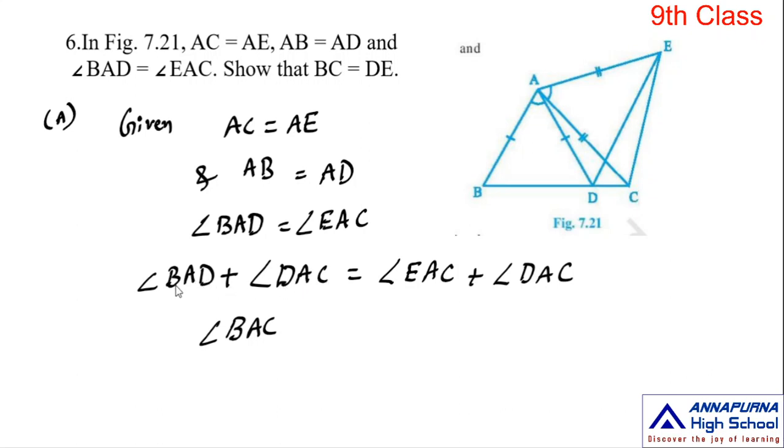So the sum of these two angles is equal to the angle BAC, is equal to, observe the figure, angle EAC plus angle DAC is equal to angle DAE. The sum of these two angles is equal to the angle DAE.